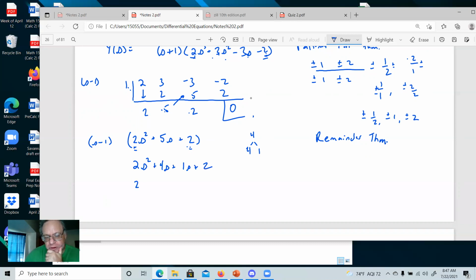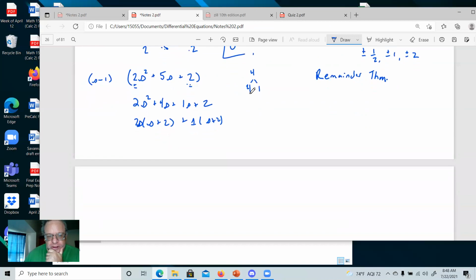Here I can pull 2s out of here, and we have s plus 2 plus 1 times s plus 2. So if I wanted to factor this fully, we have s minus 1, s plus 2, and now we'd have a 2s plus 1.